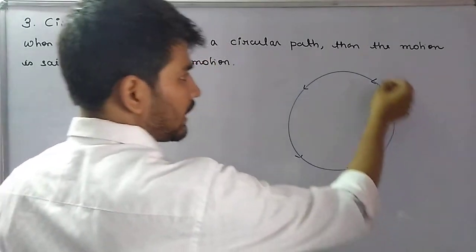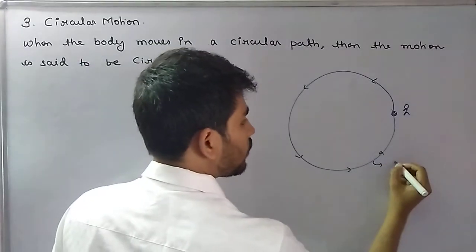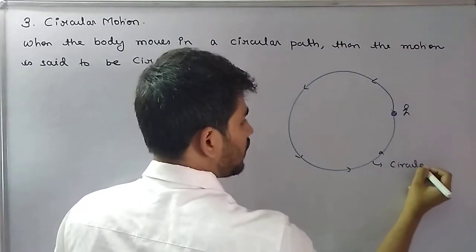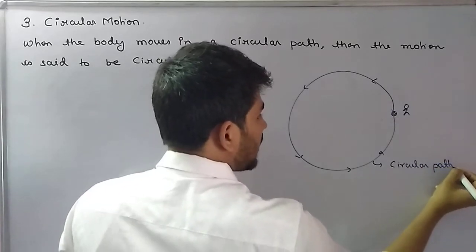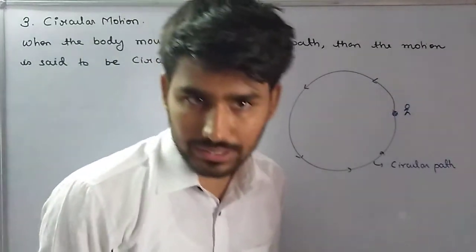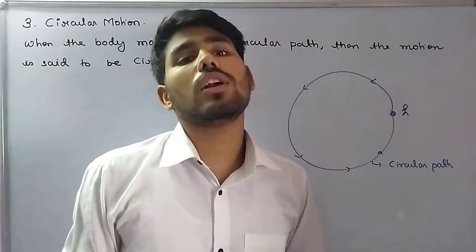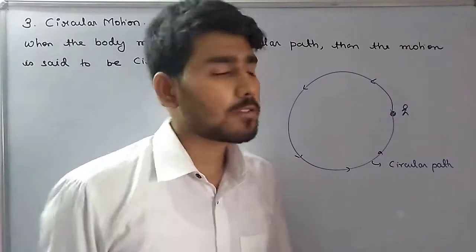This is a circular path. If any object or body begins to move in a circular path, it is called circular motion.